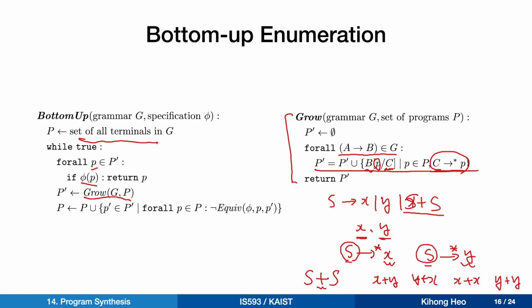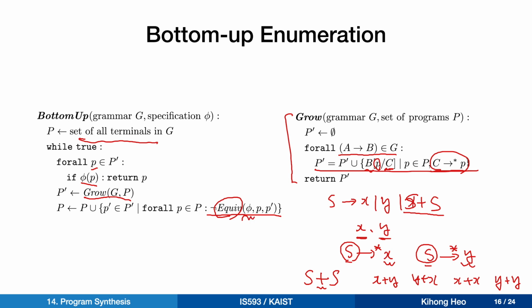Then next, coming back to the main loop. As we discussed before, we will discard candidate programs if their observational behavior is the same as other candidates. This check is done by this equivalent function.